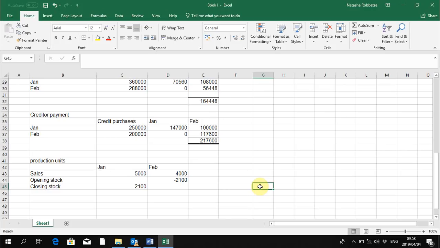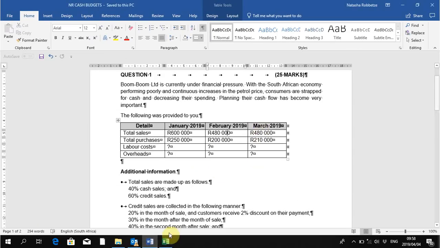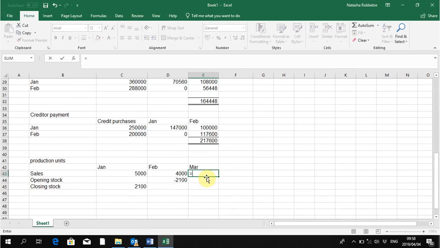Then I can calculate closing stock as well, but I will need to do the March units as well. But they say that in March it was also 480,000 Rand sales. So it's 480,000 divided by 120 Rand a unit.